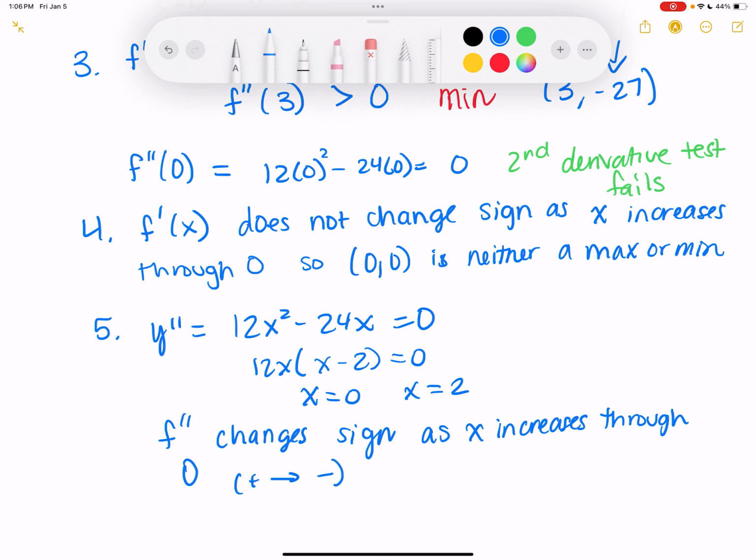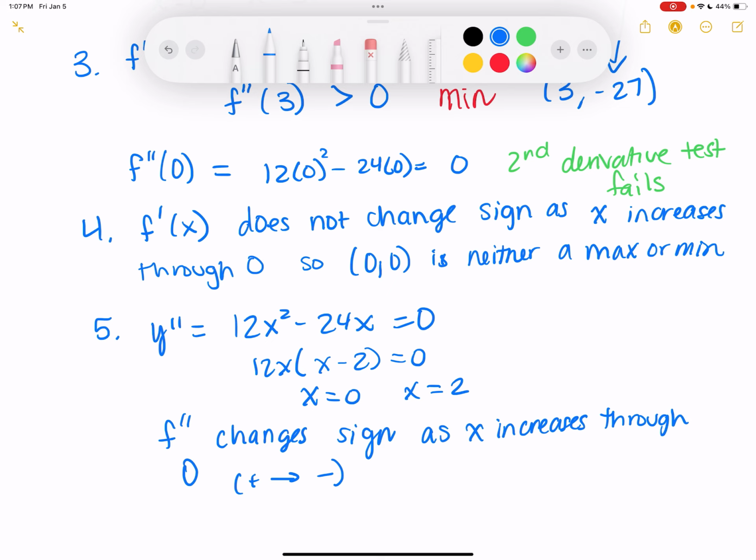And then what about 2? If we put in 1, what do we get? Negative. And if we put in 3, I think it's positive.